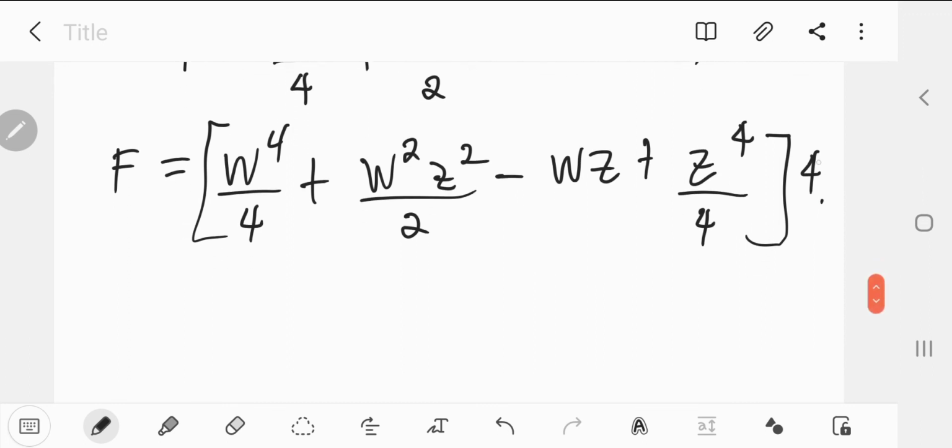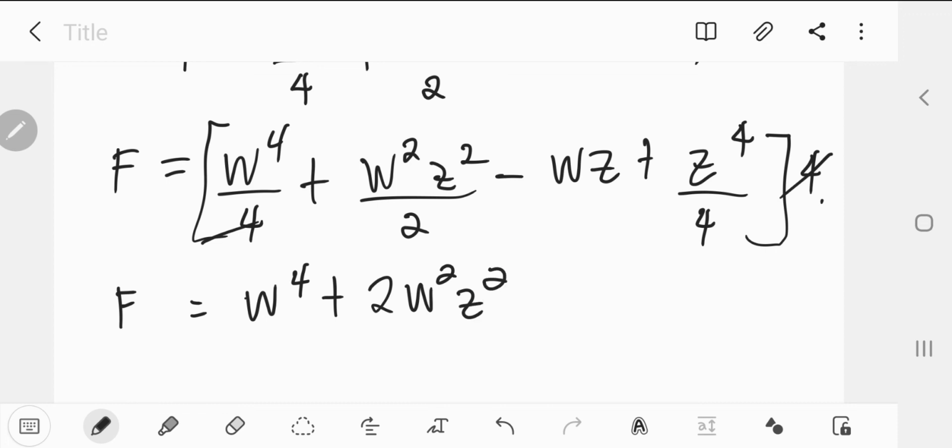The denominators cancel out. So we have f is equal to w raised to 4 plus, 4 divided by 2 is 2, 2w squared z squared minus 4wz plus, cancel out also, z raised to 4.